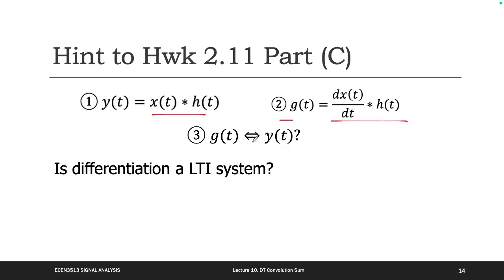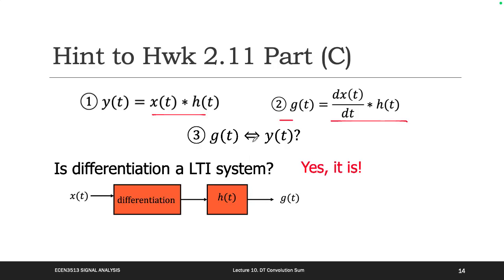Yeah. So then we have a question: is differentiation an LTI system? Yes, the answer is yes, it is. Let's talk about that. If your x(t) after differentiation is then convolved with h(t), you can get g(t). Am I right?